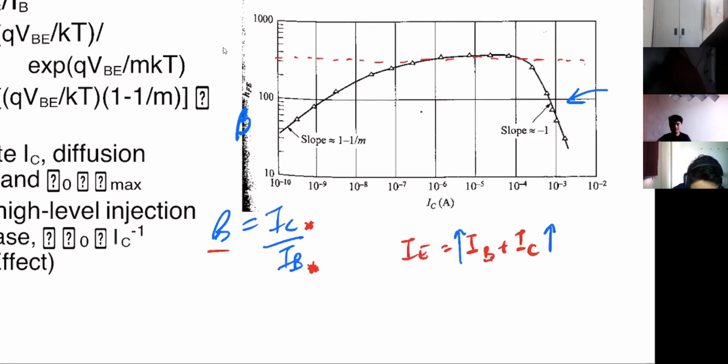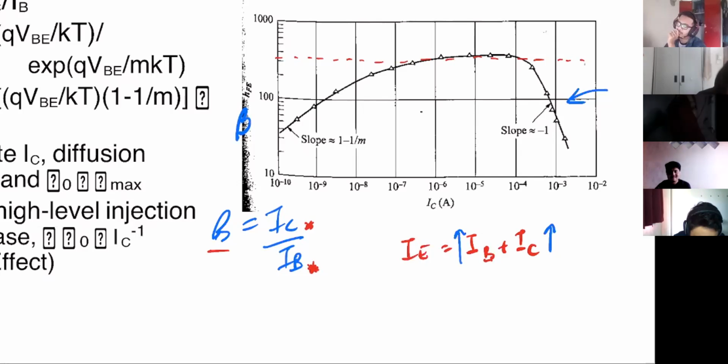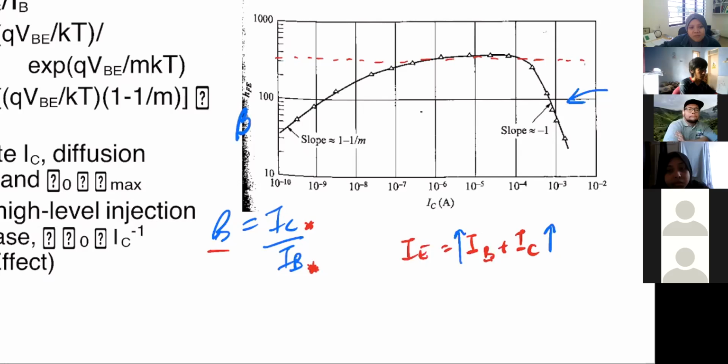If everything goes well, normal and ideal, as we increase IC, which means you increase IE, the IB will also increase proportionately.